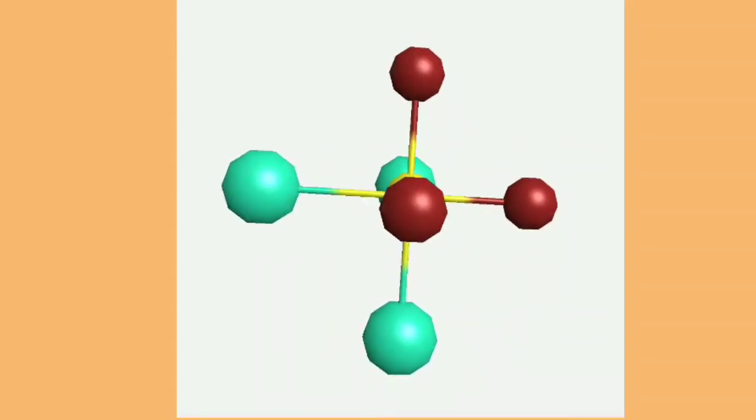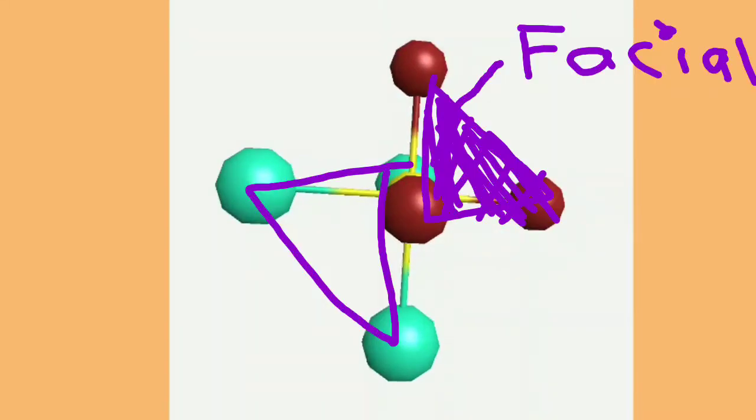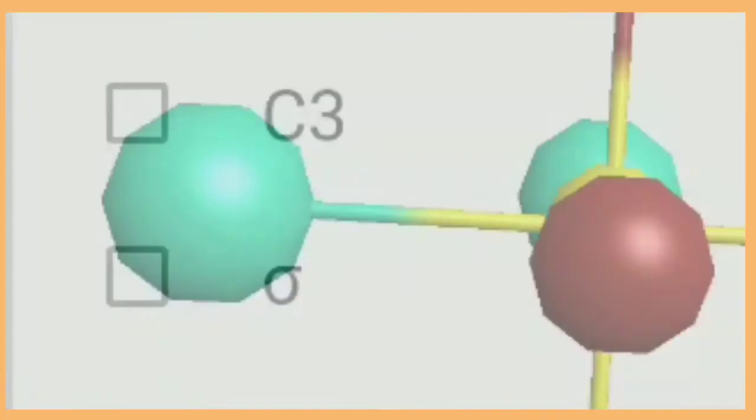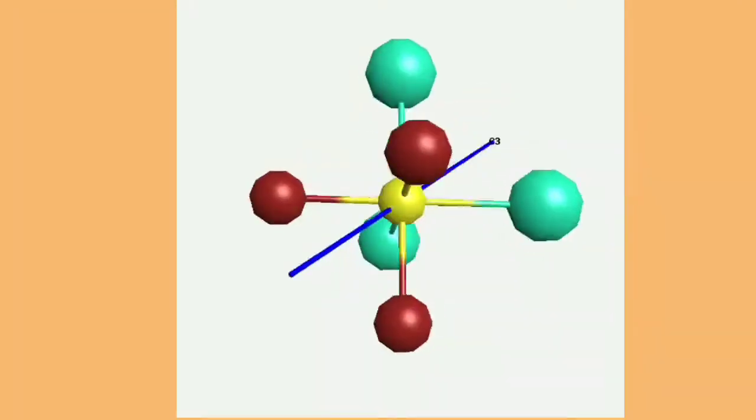The angle among them is 90 degree only. And when the angle is 90 degree only, this isomer is called facial isomer, because if we join all three A ligands, it makes a face or hedral of octahedral, and it has two symmetry elements, C3 and sigma.